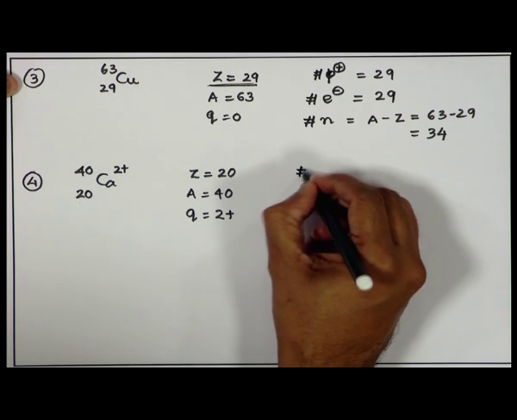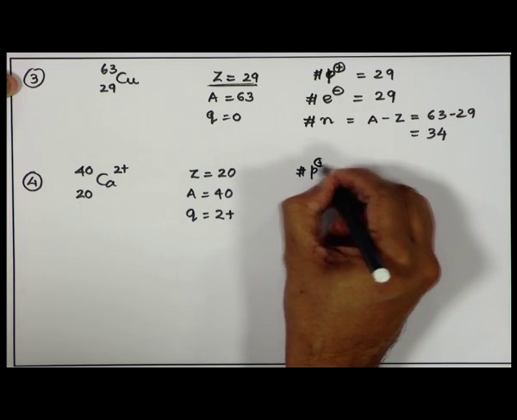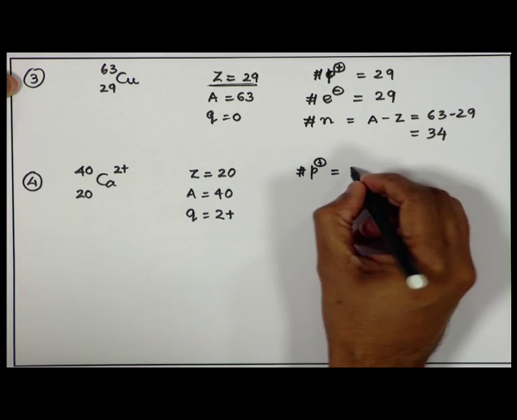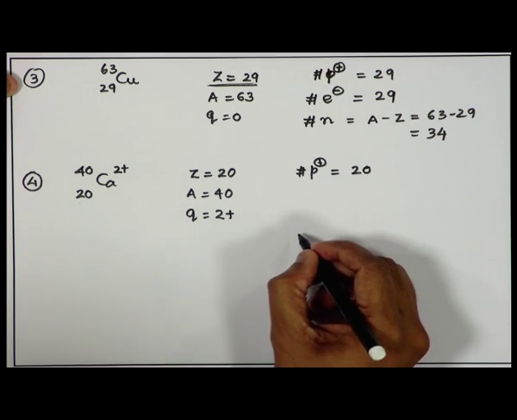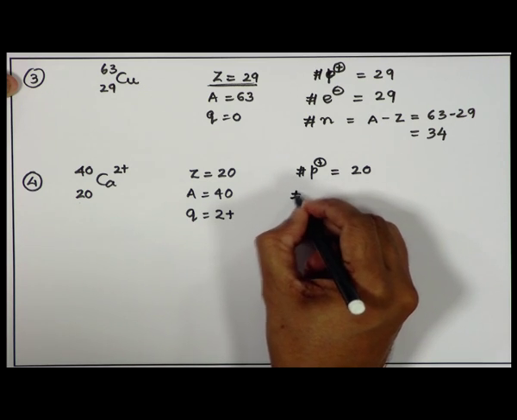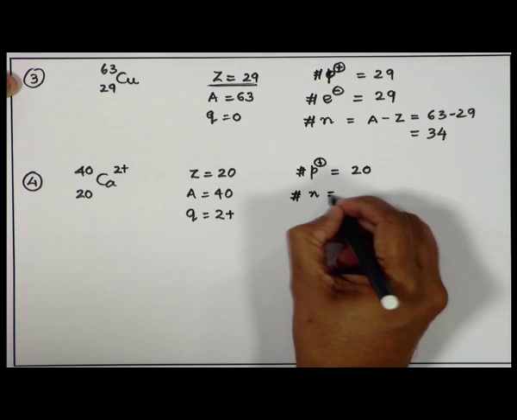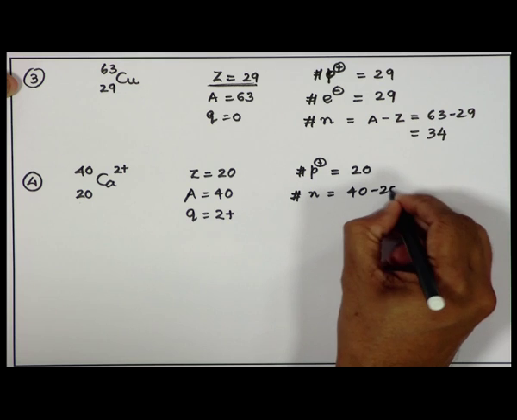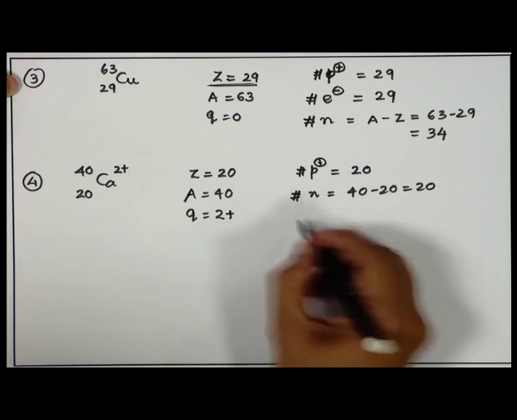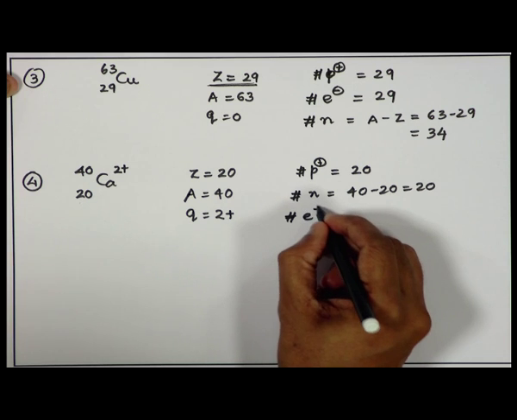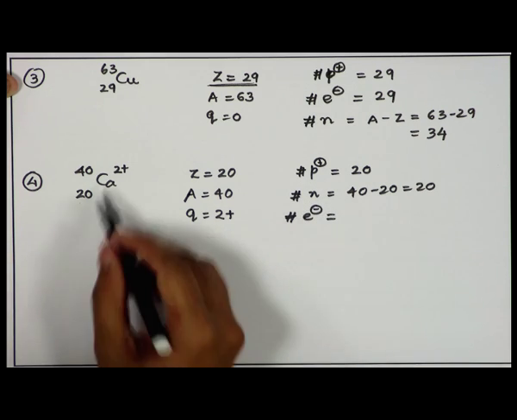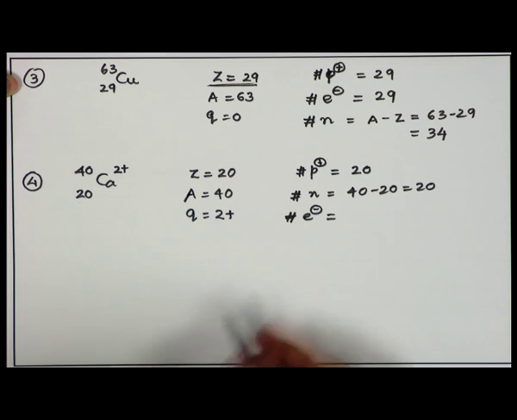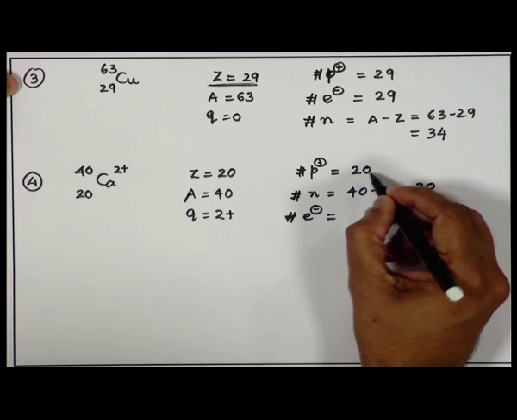Alright, so let us find out how many protons there are. It is easy because Z represents the number of protons. So, the number of protons is 20. How many neutrons? Since mass number is 40, 40 minus 20 is 20, there are 20 neutrons. How many electrons? You see, the atom has plus 2 charge and positive charges come from protons.